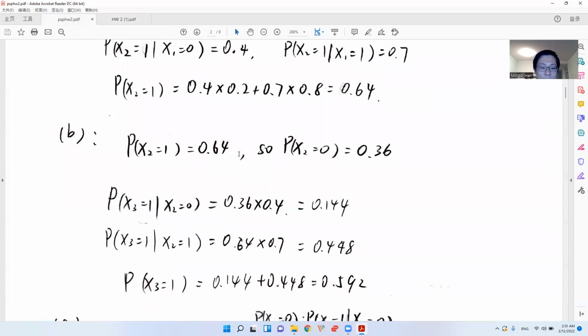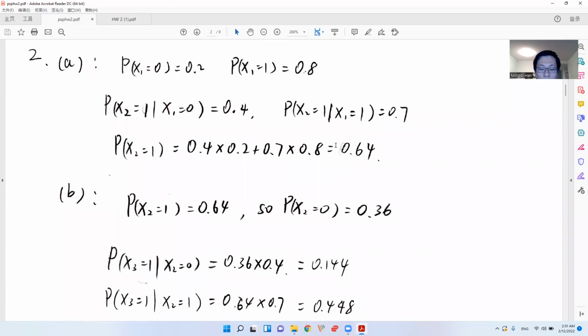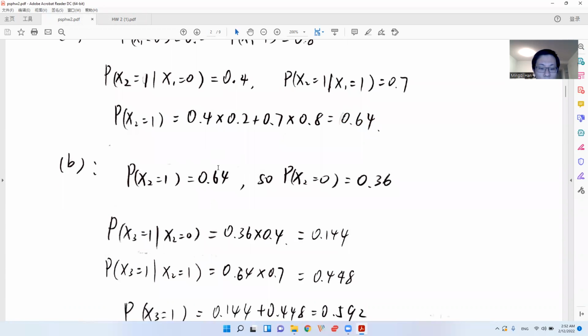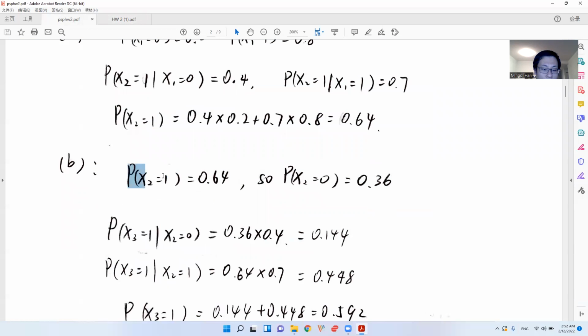So it's basically the same, because we already calculated the output probability of the first channel, which is the second input, and we can use that. So the probability of the first output being 0 would be 0.36, and being 1 is 0.64.